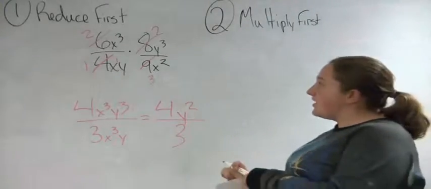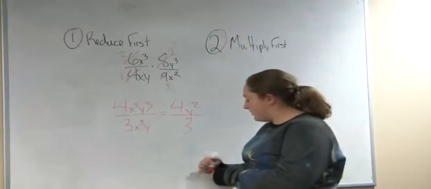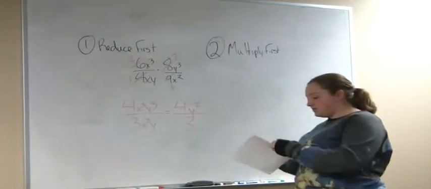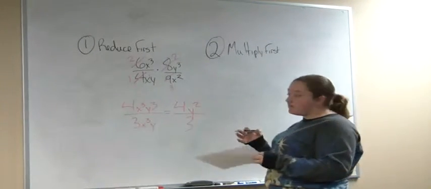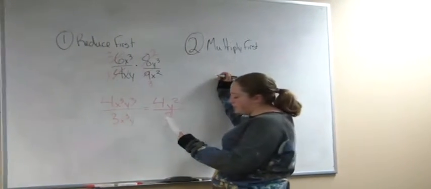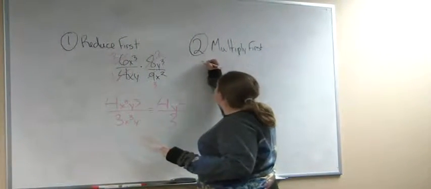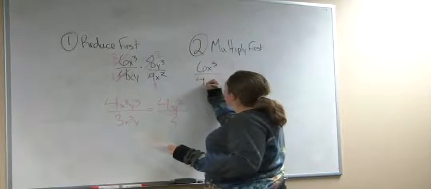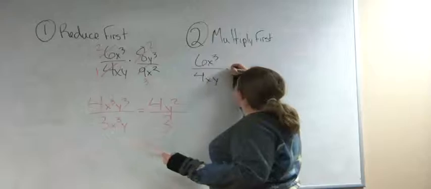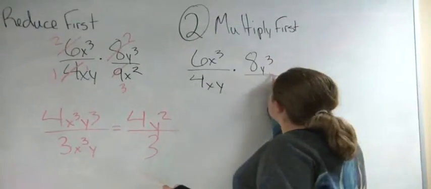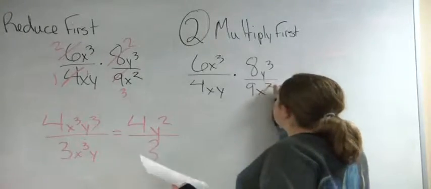So, now I'm going to show you the second way that we can do this. The second way is you multiply everything first. So basically you're taking the second step and putting it first. So, again, we have 6x cubed over 4xy times 8y cubed over 9x squared.